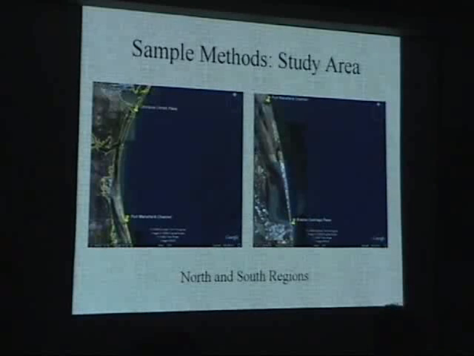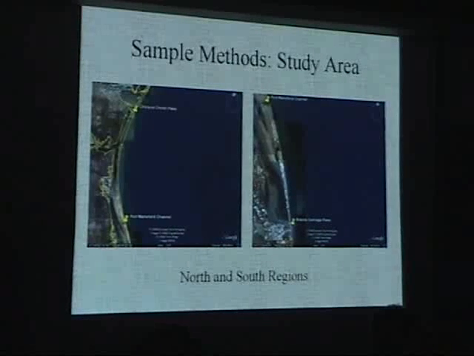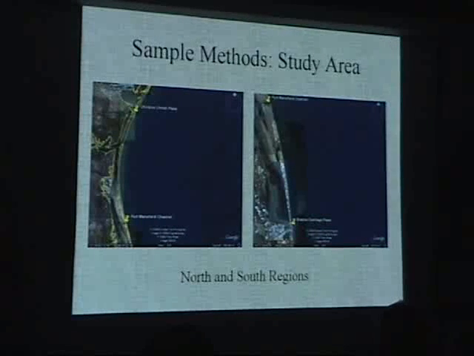So my sample methods, the study area is going to be Padre Island, which we have divided into north and south regions, with the area north of the dredged Mansfield Channel, which is right down here. That defines my northern region from Port Mansfield north up to Corpus Christi.